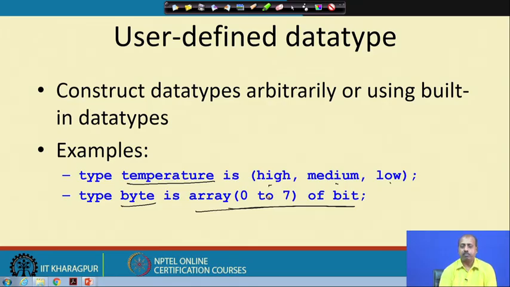So, apparently these are the user defined types. Why are we introducing other types like temperature as a type, where the values are high, medium, low? In fact, if you look into the VHDL manual, you will find that it allows you to define any user defined types.